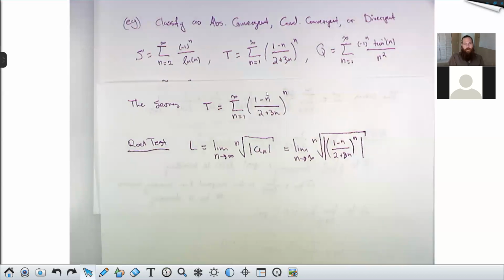So when do you use the root test? You use the root test when your series has a bunch of stuff all raised to the n, because the nth root and the nth power will cancel.